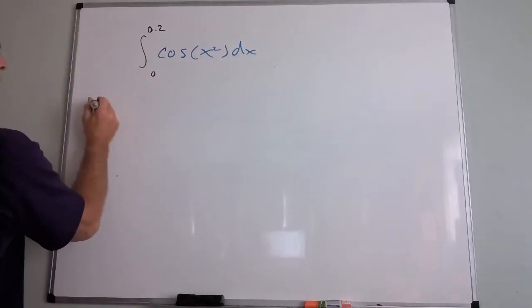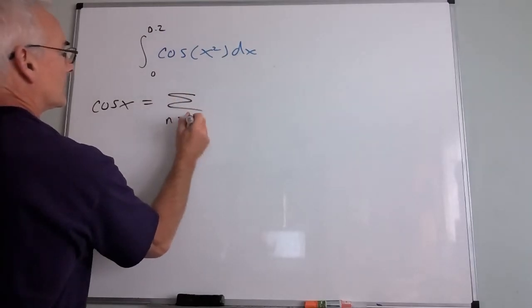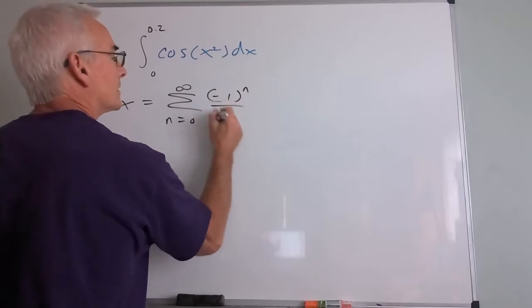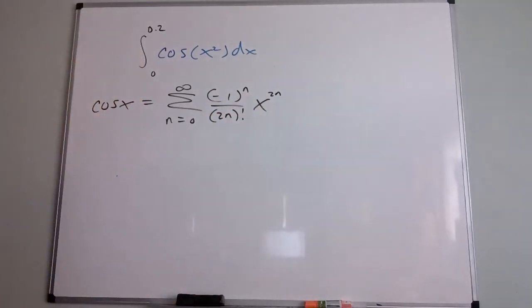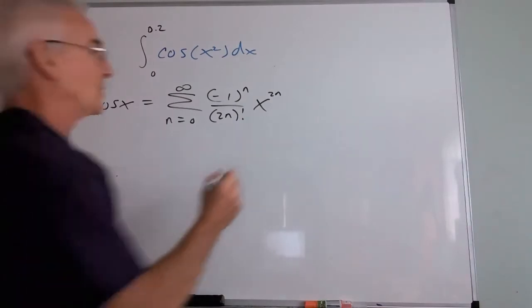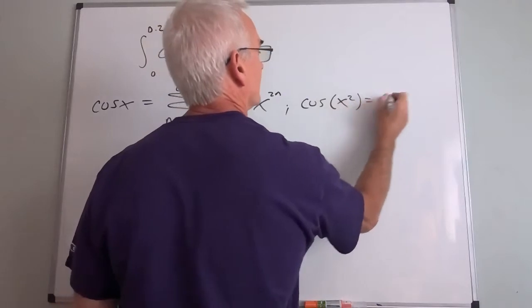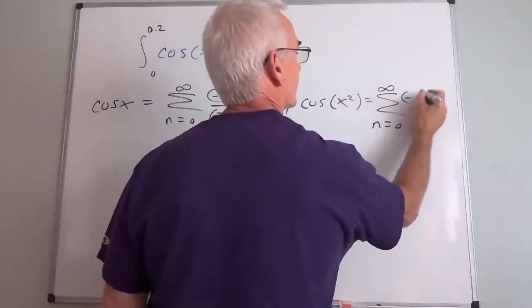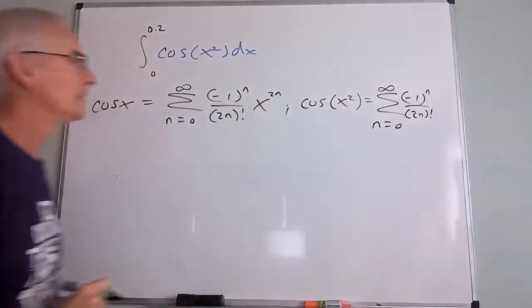So let's write what we know. We know that the cosine of x, we know this. Okay, so if we know this, then what's the cosine of x squared? Well, this part's going to stay the same.